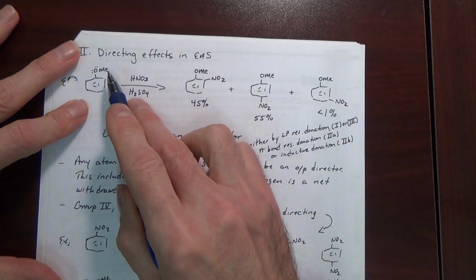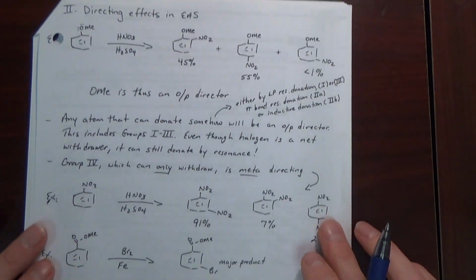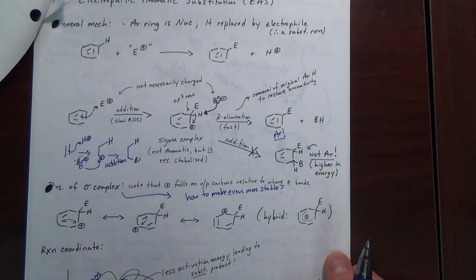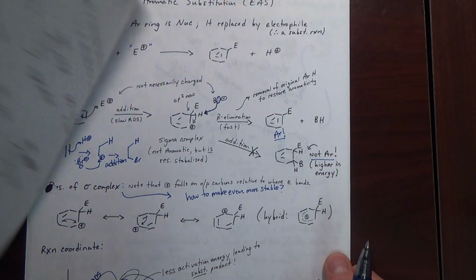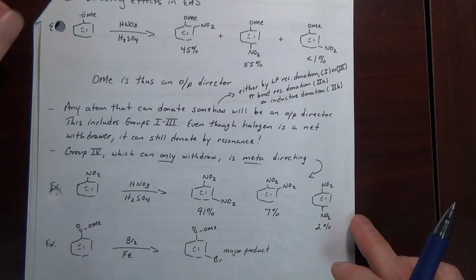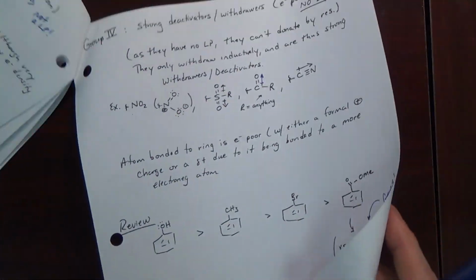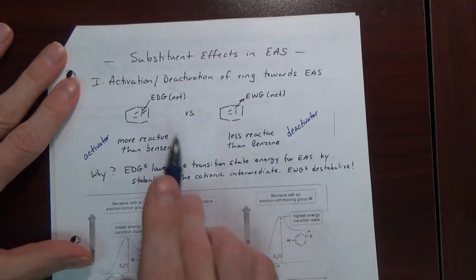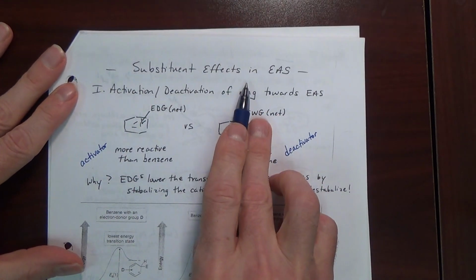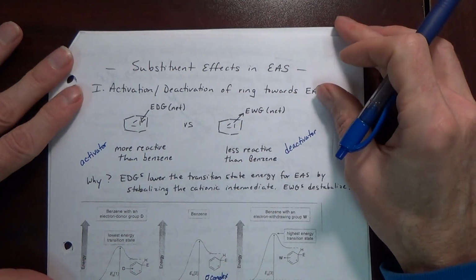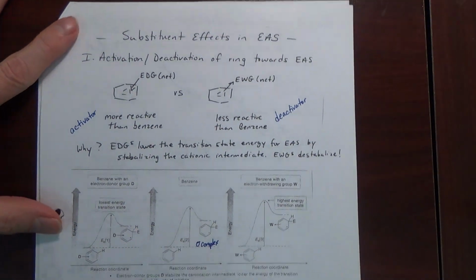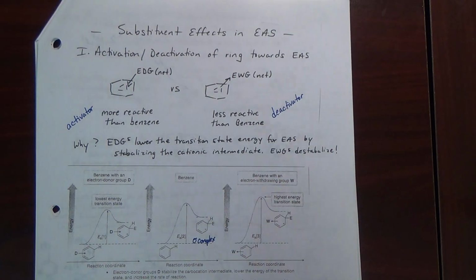So this is directing effects. Of course, you can also be reading in your textbook. And that's the remainder of this handout. Both of these together are considered substituent effects for our EAS reaction mechanism. Okay, guys.